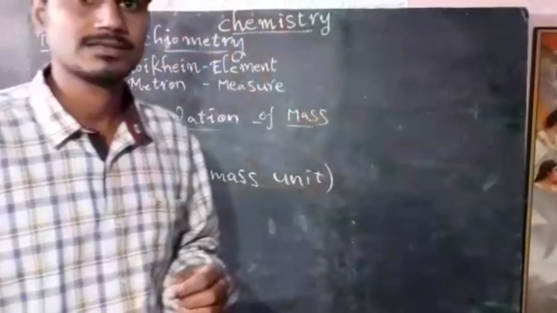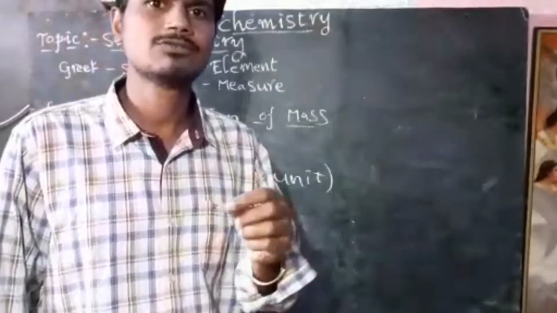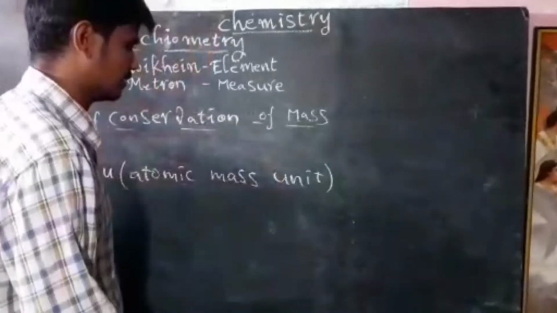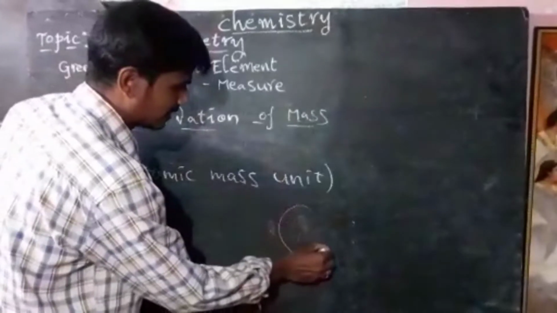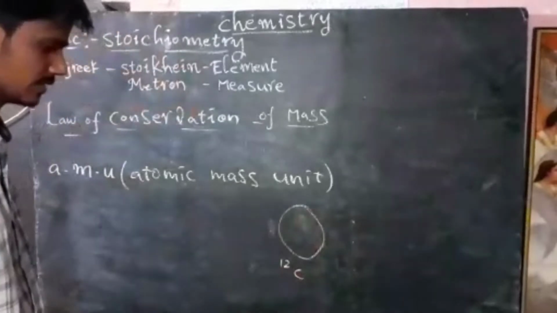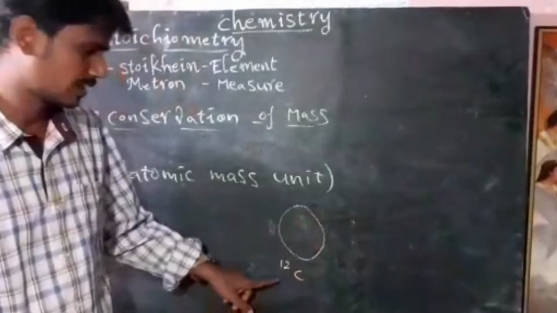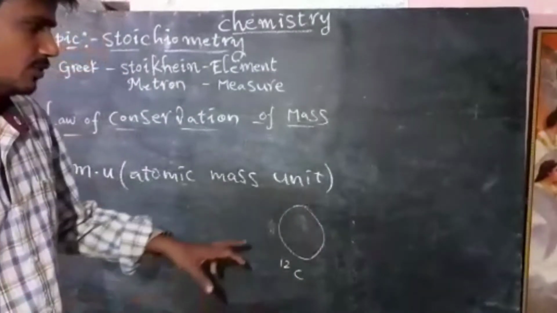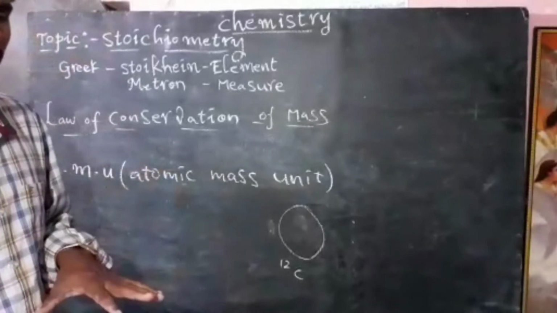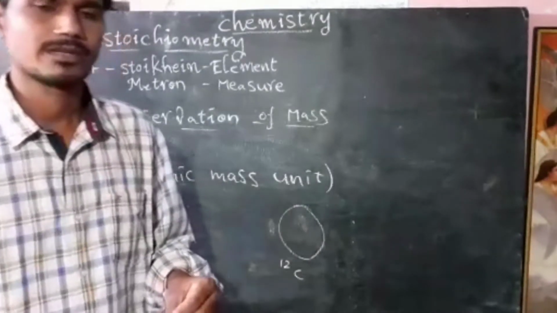One atomic mass unit is equal to 1/12 the mass of a C12 carbon atom. For example, if you take one carbon atom, the C12 isotope of carbon; the carbon isotopes are C12, C13, C14, but here we take C12. If you divide this carbon atom into 12 equal parts, one part is the atomic mass unit.